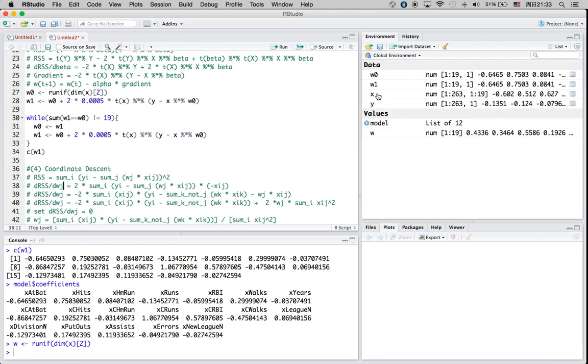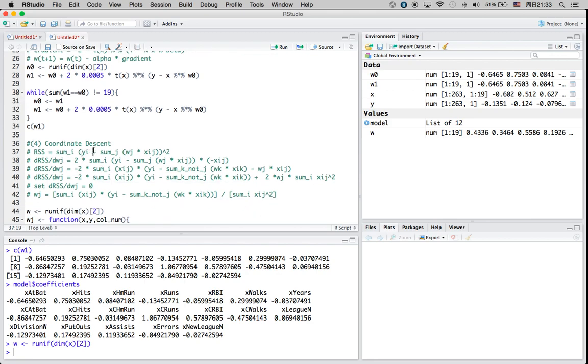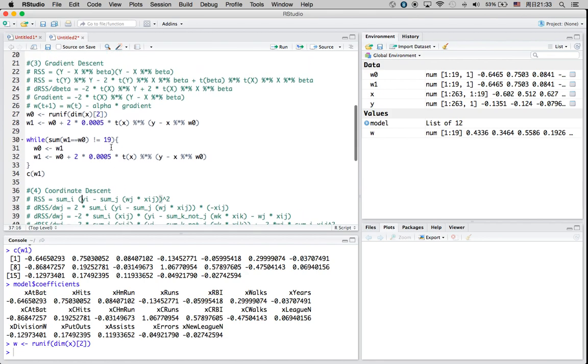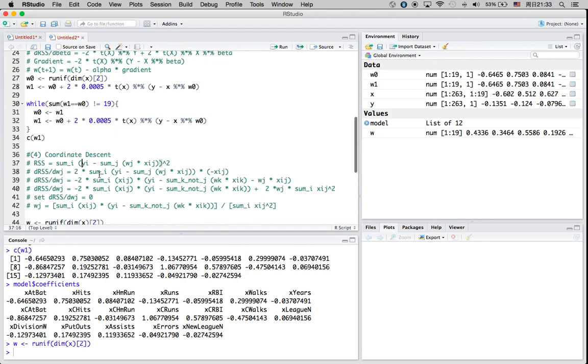Again, it is still the same; here it is element-wise. So the residual sum of squares is still the same: we have y_i minus the sum of the first coefficient multiplied by the first x, and then the second coefficient multiplied by the second x, and so on, for each row.